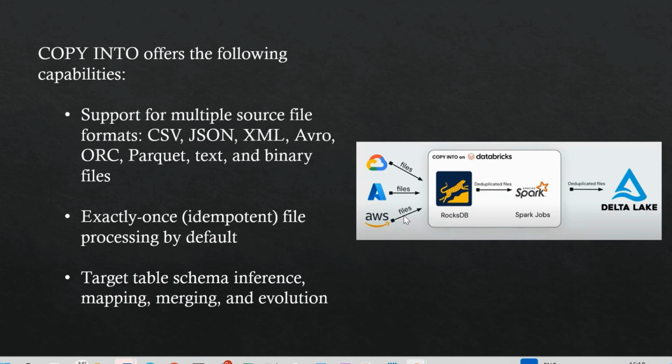If the schema is not matching and you have your merge and evolution property turned on, then it will go ahead and merge your schemas and add your new columns if needed. If there's any schema mismatch, you will have multiple options: you can drop the rows, or you can fail the pipeline, or you can put it inside a particular column called rescue data.